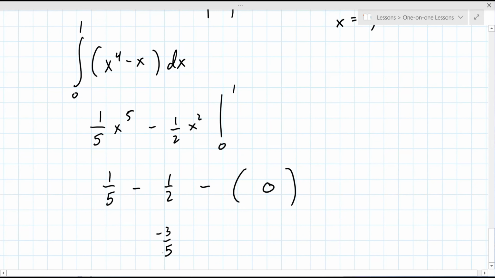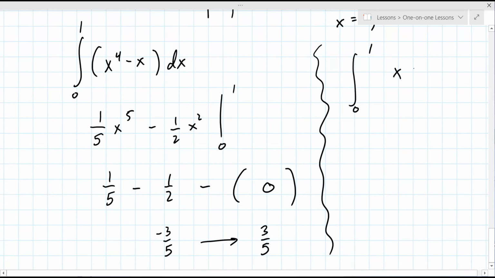When you're doing an integral, the area between two curves is always positive, so this cannot be true. That's because we did the wrong order of integration. The top is really x minus x to the fourth, so it ends up being 1/2 x squared minus 1/5 x to the fifth from 0 to 1.